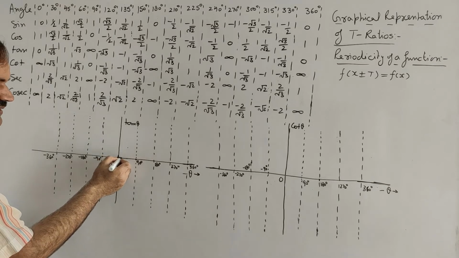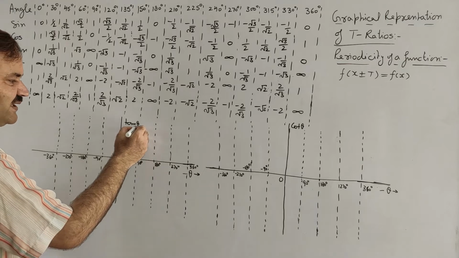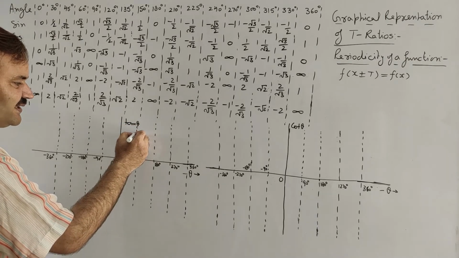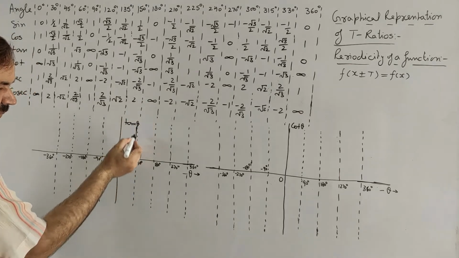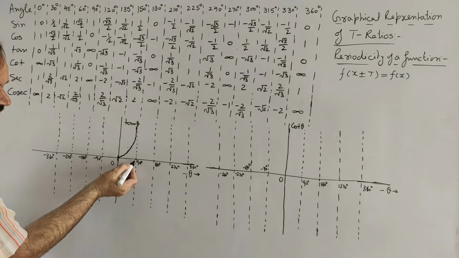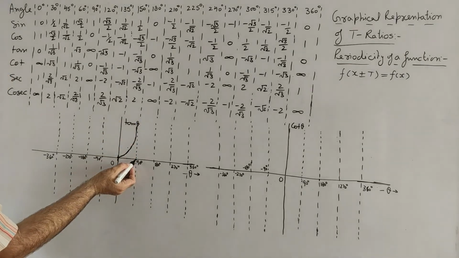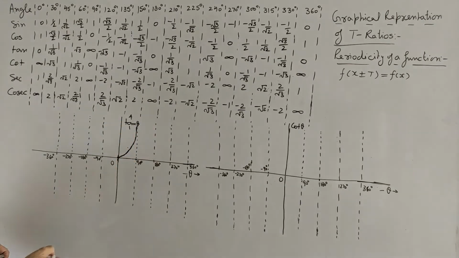So it means the value of tan theta will be continuously increasing and will touch the line passing through 90 degree at infinity. It means at 90 degree value of tan theta will be infinite.